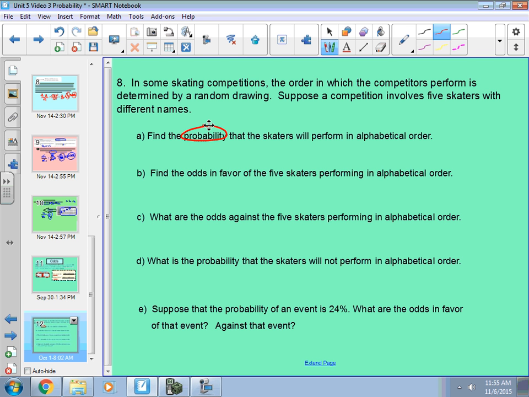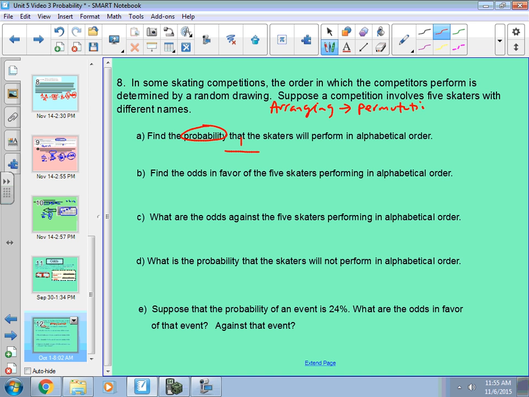Well, if these 5 people have 5 different names, there's going to be one of those orders that has them in alphabetical order. How many different ways, though, can we order 5 people? Well, if we're ordering 5 people, that's an arrangement. If we're arranging, we know that's a permutation.